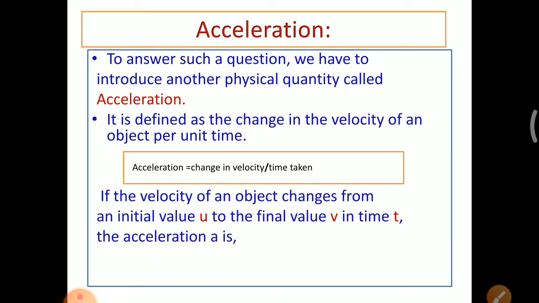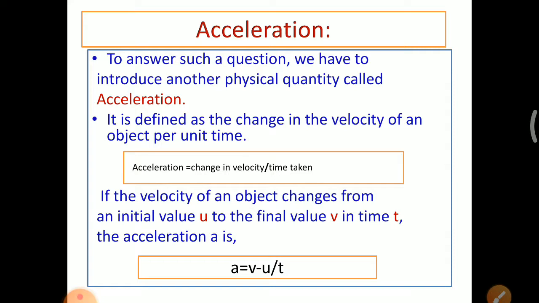If the velocity of an object changes from an initial value u to a final value v in time t, then the acceleration a equals v minus u by t. The initial velocity of the object is u and the final velocity is v. Take any vehicle: when we start the vehicle, its speed and velocity are less.